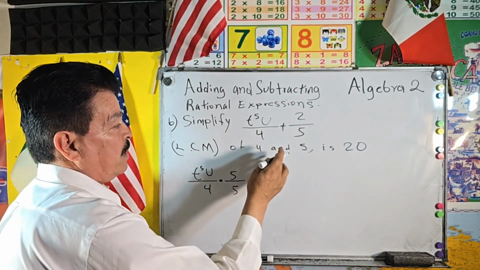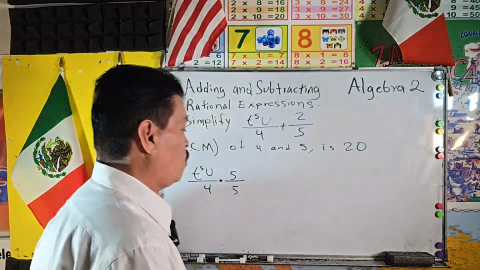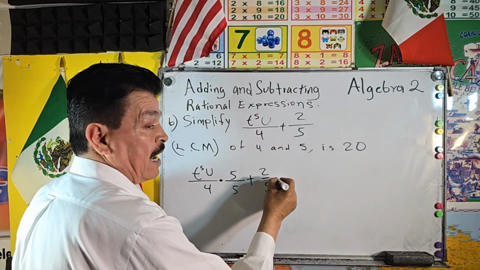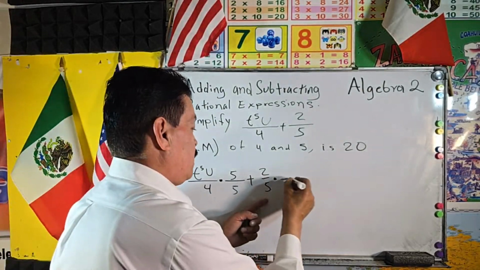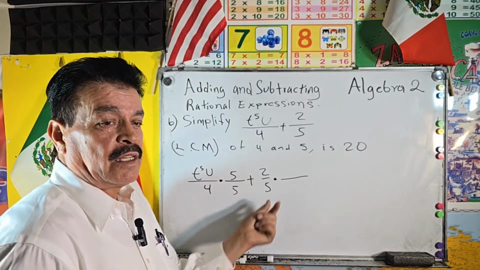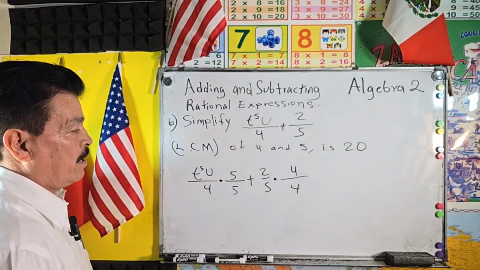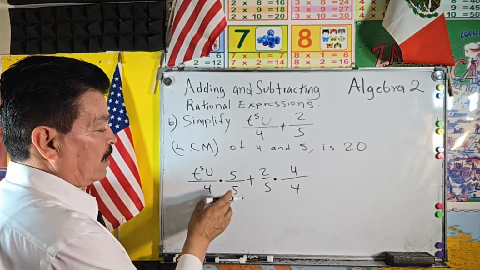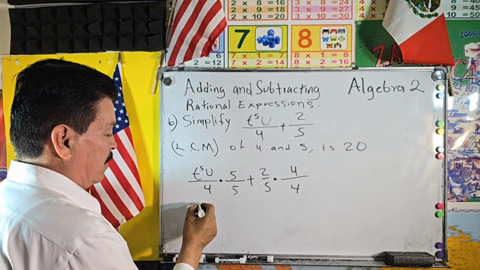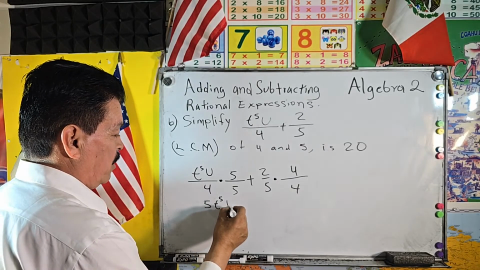Now we have to not subtract, now we have to add. So plus 2/5 times which number here? In the bottom 5 times 4 is 20. It's 4, right? So write 4 on top. Now process here, 5 times all of this, these are variables, so it's going to be 5t^5 u.